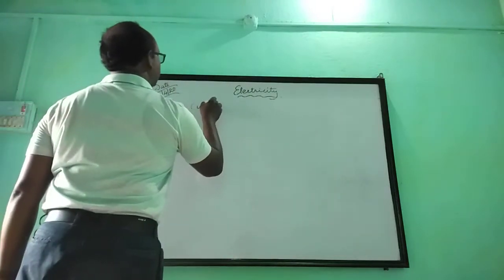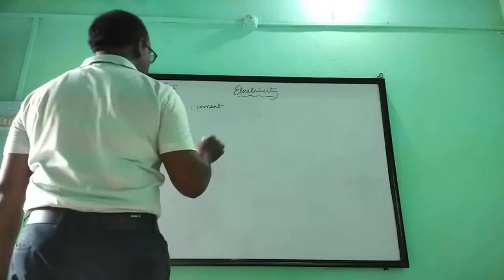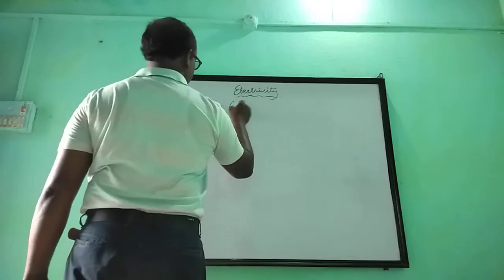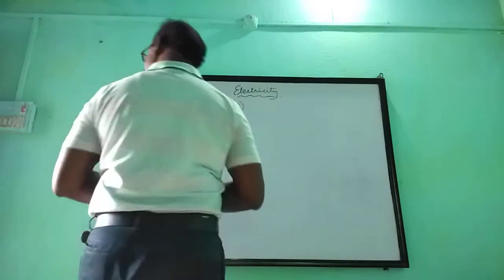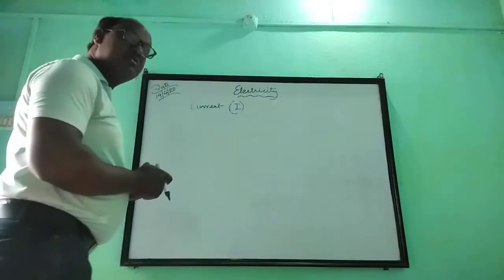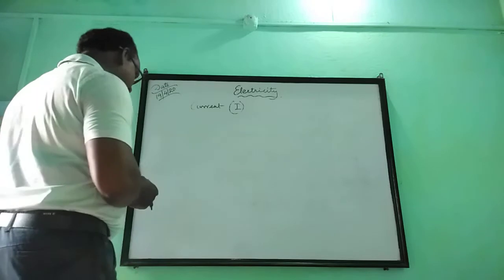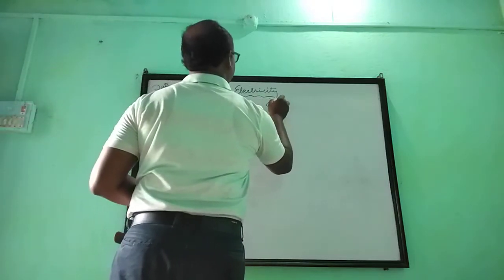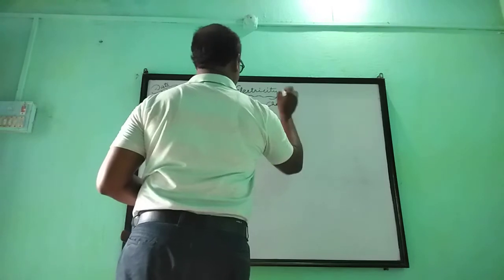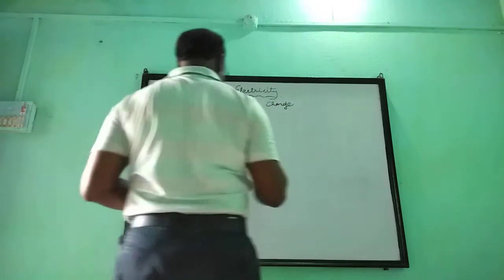Current is generally denoted by I. This is the symbol of current. We know that current is the flow of electron or charge. That means I equals charge by time.